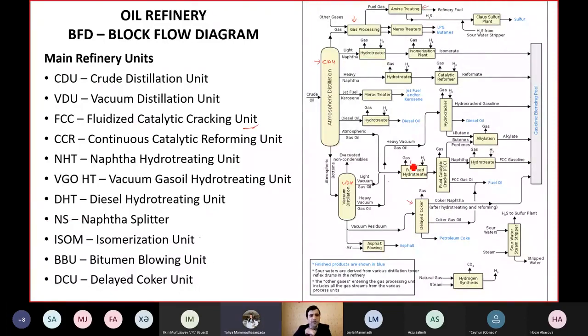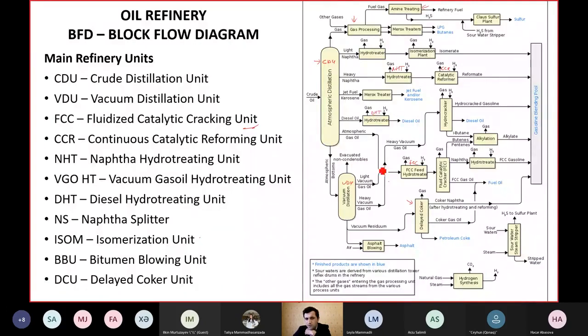Okay. And the continuous catalytic reforming unit, this is CCR. Here we have CCR. The naphtha hydrotreating unit. So we have the hydrotreater, this is NHD. We have different hydrotreaters. This is the NHD, naphtha hydrotreater. We have DHD, which is the diesel hydrotreater, and we have, no, this is not FCC, sorry. FCC is this one.